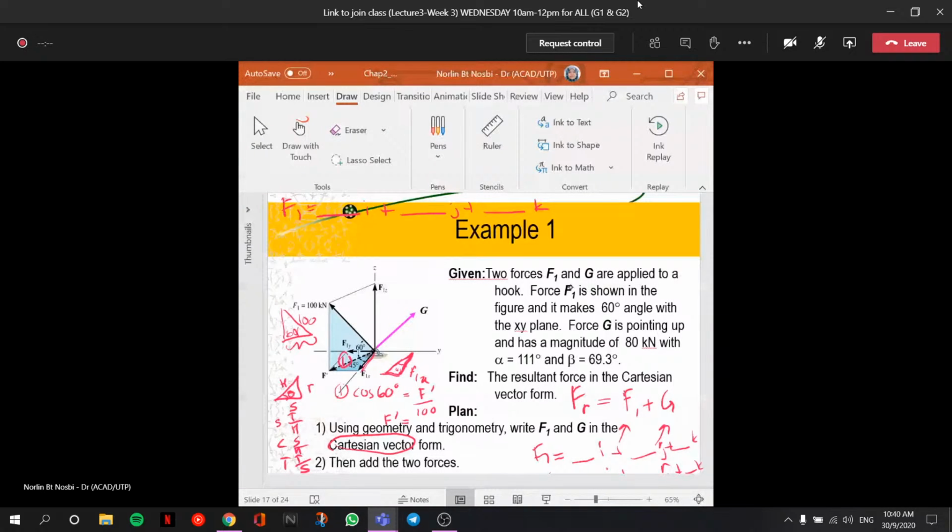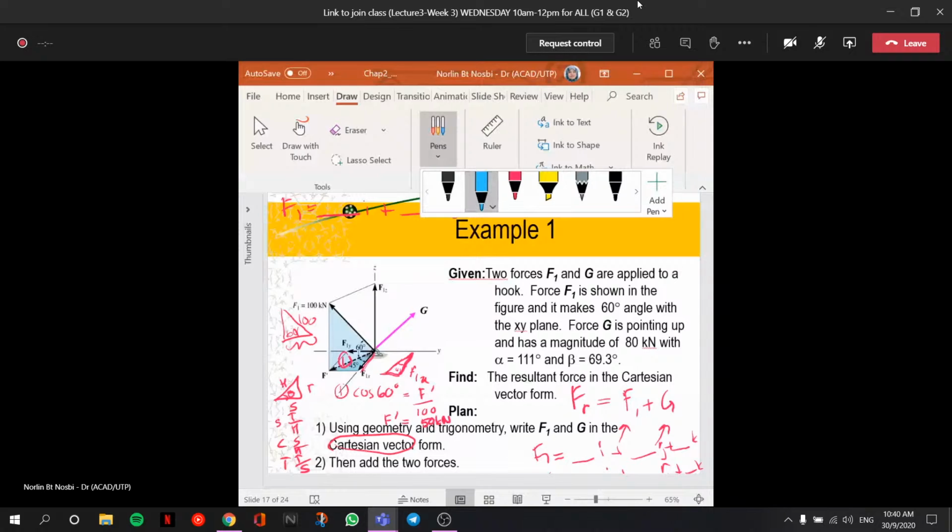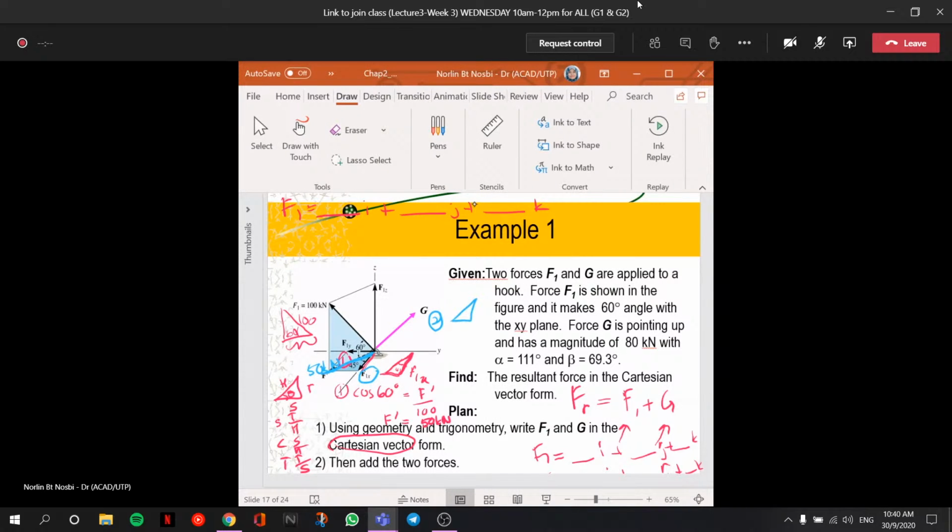Now you know F1 prime here is 50. This one is 50 kilonewton. Then you can find F1x. So the angle will be like this, 45. And you know this one is 50, and then this side. So you have to use cos, adjacent over hypotenuse. So cos 45 equals the side F1x over 50.